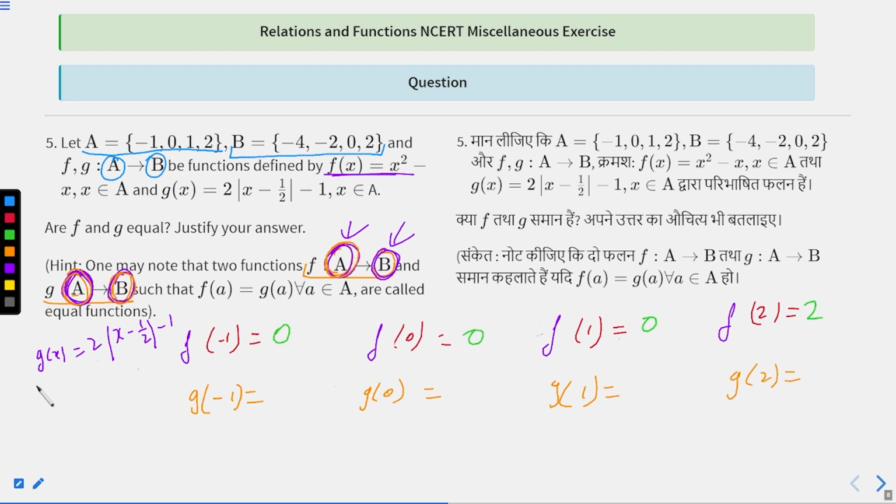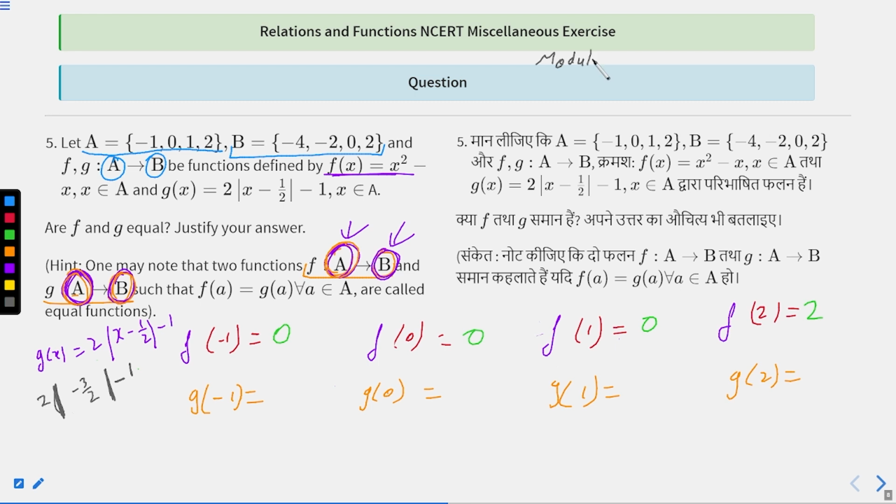So g(-1) will be 2 times mod of minus 1 by 2 minus 1, and if you solve this, what will you get? Minus 3 by 2. And what we know is that for any negative real number, what will you get as the output? If you recall, let me give you the proper definition of the modulus function.